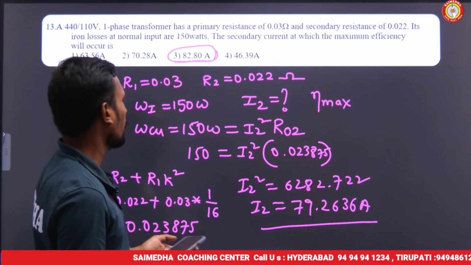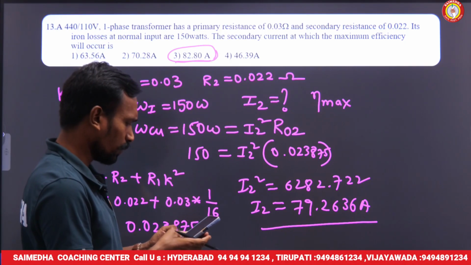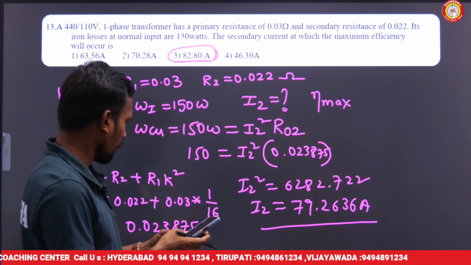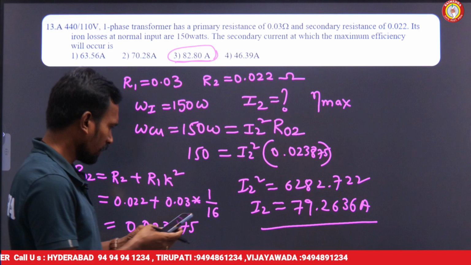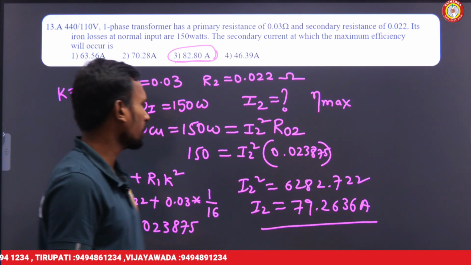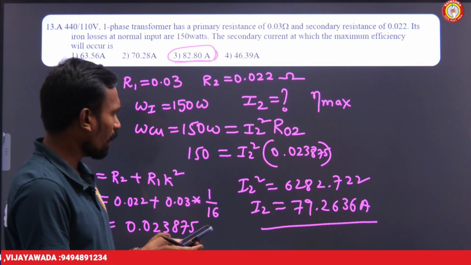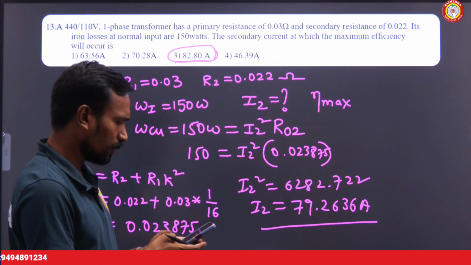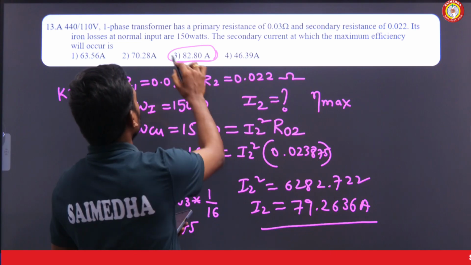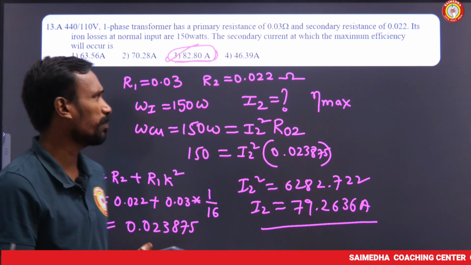This is the value of R02. 150 divided by 0.023875 is 6282 something. Then the square root of 6282 is around 80 amperes, so the answer may be 82.8 amperes.